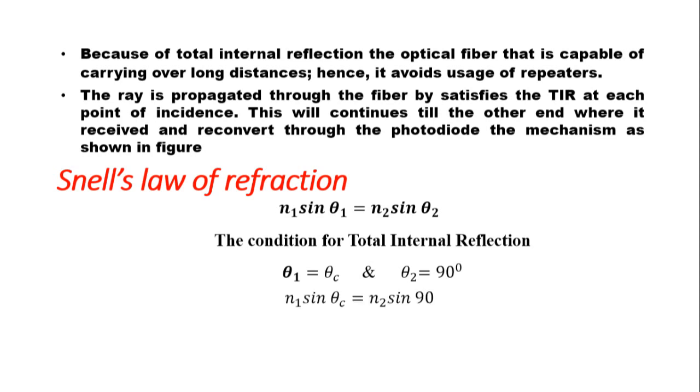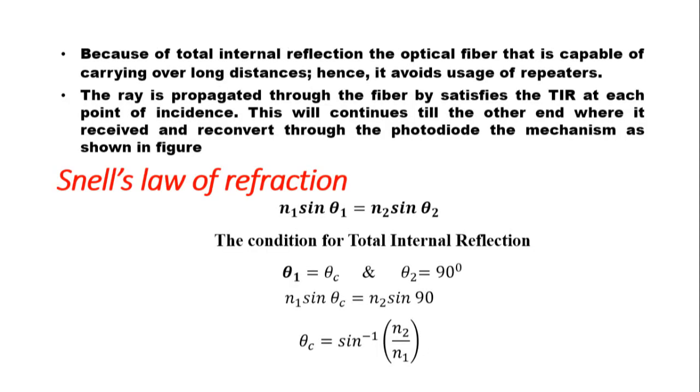By that time n1 sin theta c equals n2 sin 90, and sin 90 equals 1, so n1 sin theta c equals n2. If you simplify that, we get the equation theta c equals sin inverse of n2 by n1. This is the critical angle.